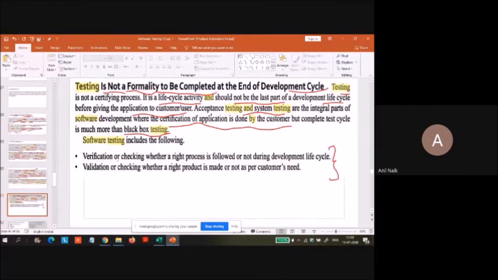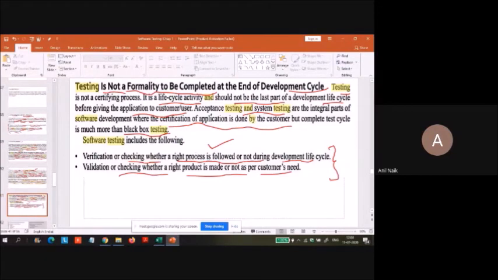Verification means you have to check whether the right process is followed or not during the development life cycle, and validation means checking whether the right product is made as per the customer need.